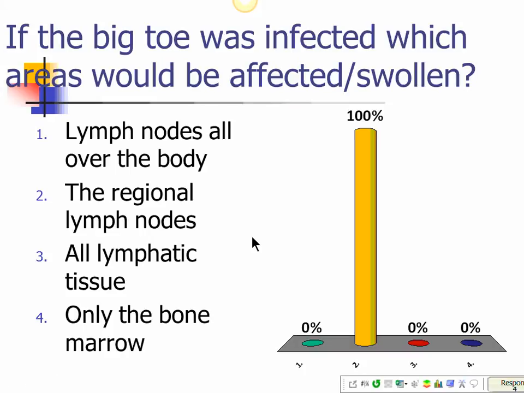No, sorry, good. Yes, the regional lymph nodes. Yes, very good. Because lymph nodes just drain areas they are close to. So just the regional. If you had cervical lymph node enlargement, you would expect some problem in the head and neck area, you know, scalp infection, something in the tonsils, something like that. Yes, regional lymph nodes.